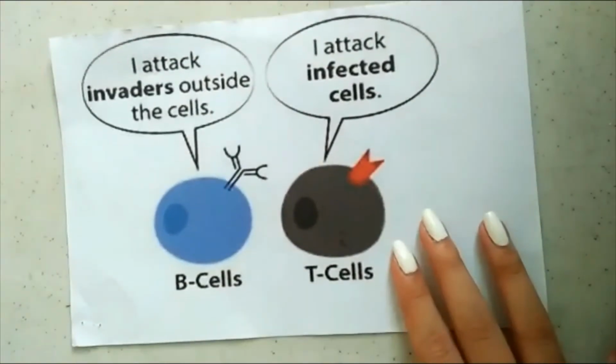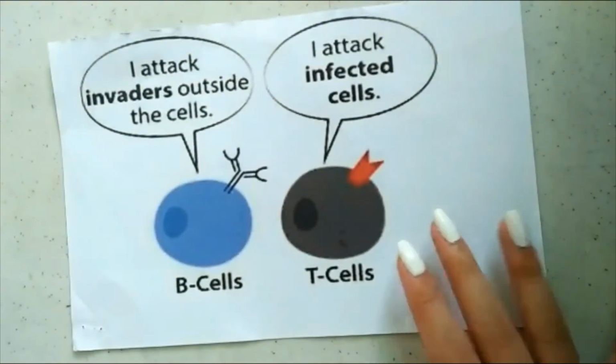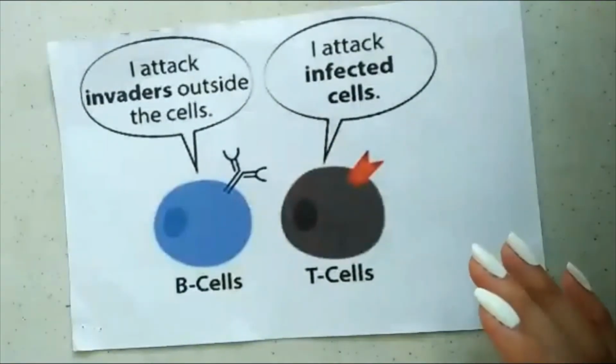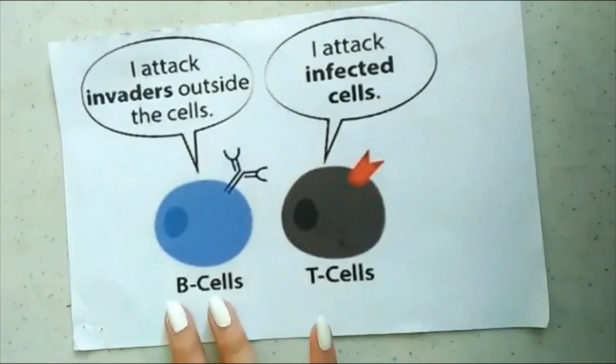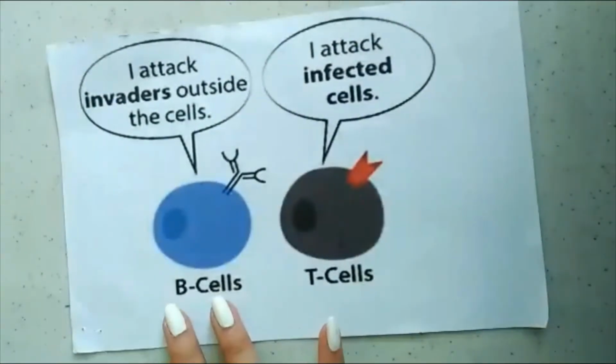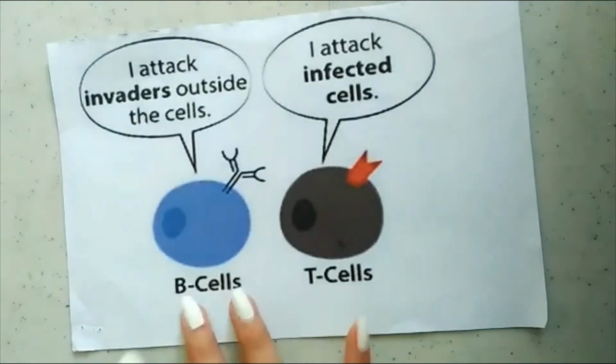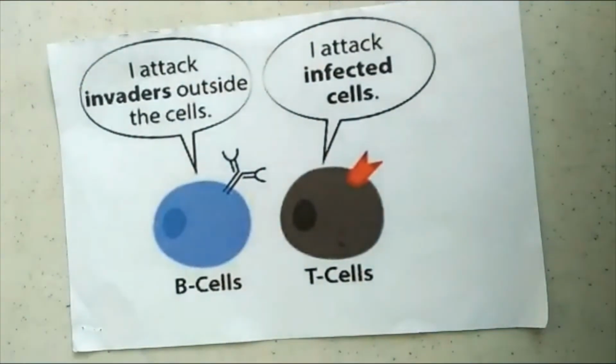So the T cells directly kill the cells that have already been infected by a foreign invader, while the B cells produce antibodies to specific antigens that they bind to through B cell receptors.